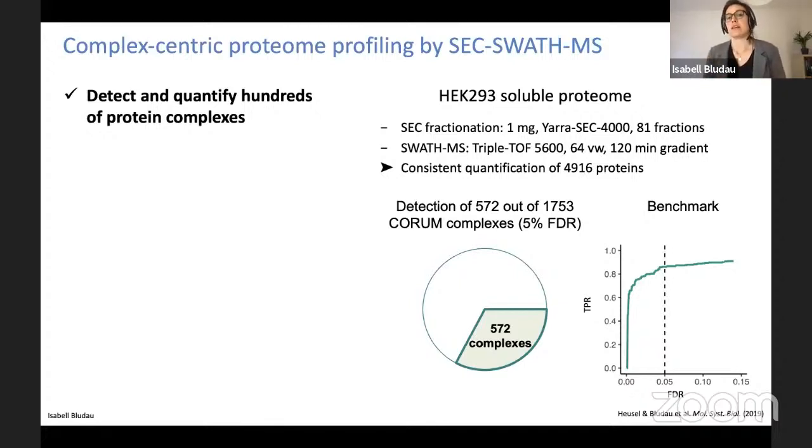He fractionated the HEK293 cells into 81 fractions, and each of these fractions was analyzed by DIA SWATH MS on the TripleTOF 5600 using 120-minute gradients, and this led to the consistent quantification of roughly 5,000 proteins after very strict quality filtering. And using now the complex-centric analysis strategy with CORUM as the target hypothesis set, we could confidently detect signals for 572 complexes at a 5% FDR.